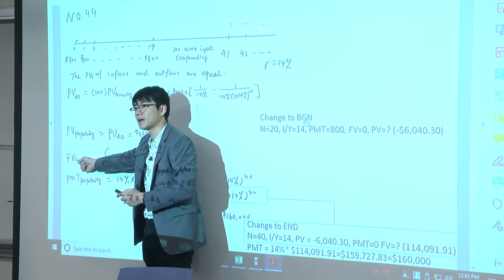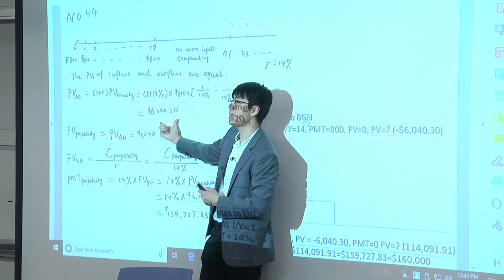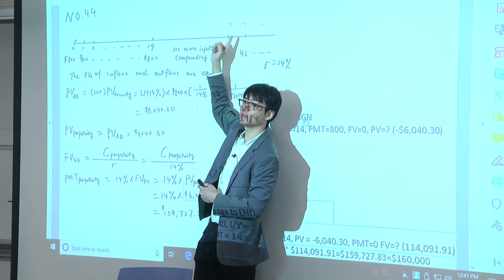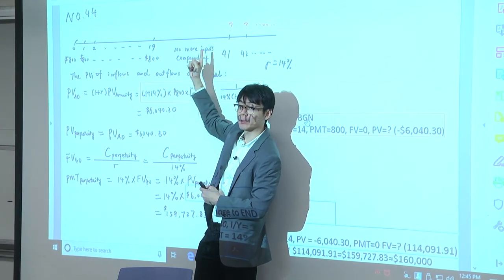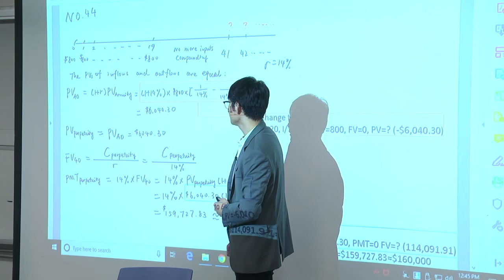If I discount that value to the present, it should equal this. The present value of your payments and the amount you receive later is the same. So what do I do?